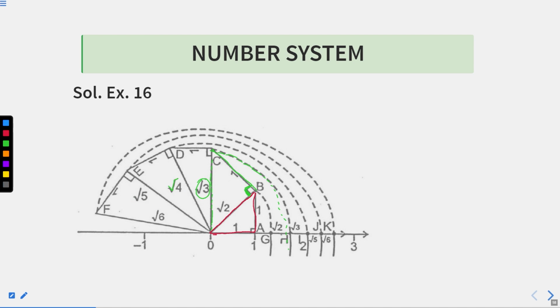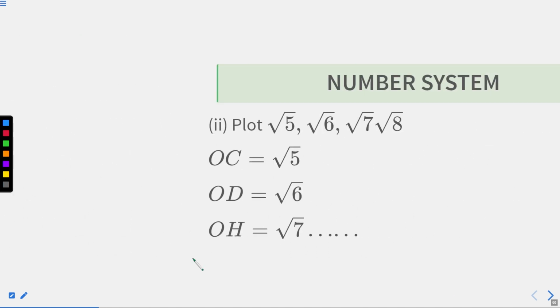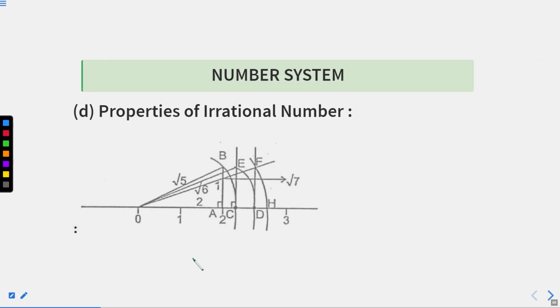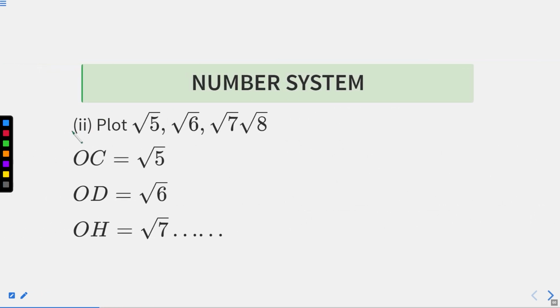Similarly for root 4, root 5, root 6. Now, these are homework problems: plot root 5, root 6, root 7, root 8. I have already given root 5 and root 6, and these are 2 more extra points you can try out. Trying more, you will get the concept more.